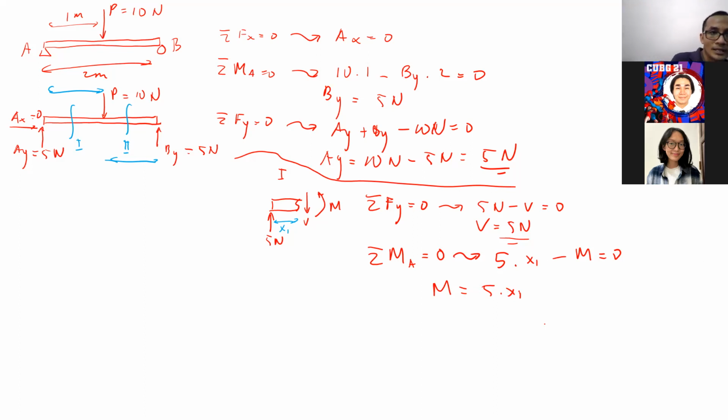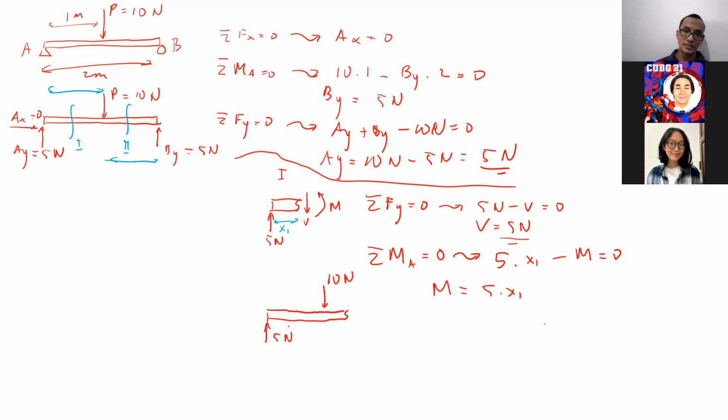That's our first free body diagram for our first cut. If we now take a look at the second cut, let's draw it, slightly longer. Here we have P equal to 10 Newton, and there we have 5 Newton.